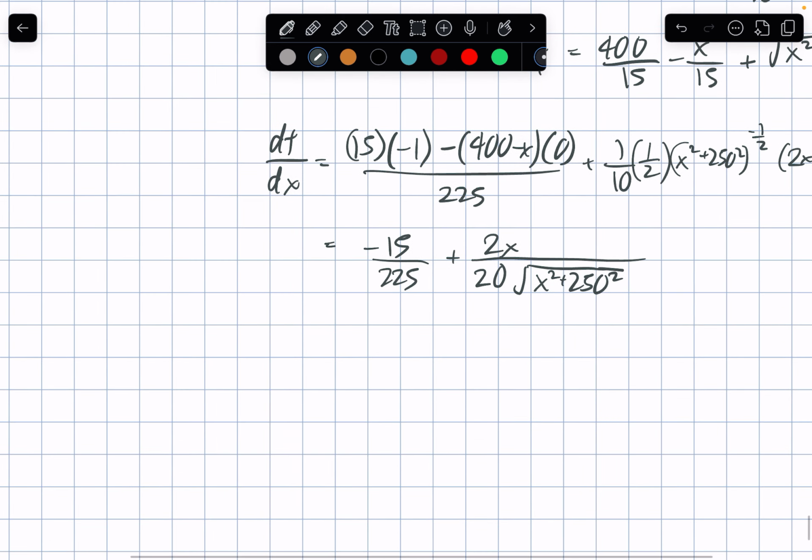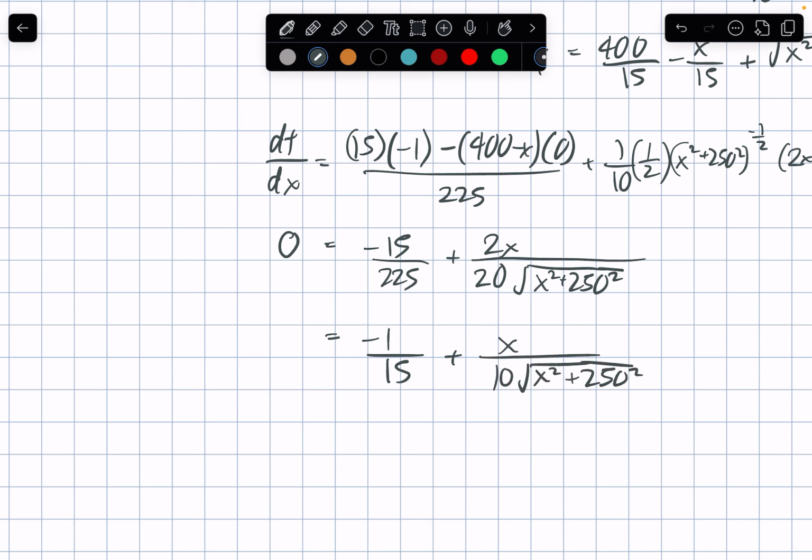Then we equate it to 0. We can further simplify, by the way: negative 1 over 15 plus x over 10 square root of x squared plus 250 squared.